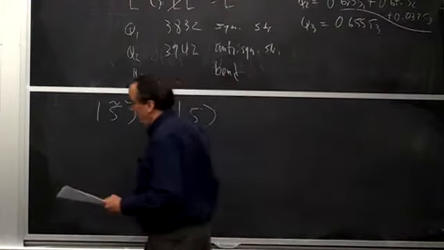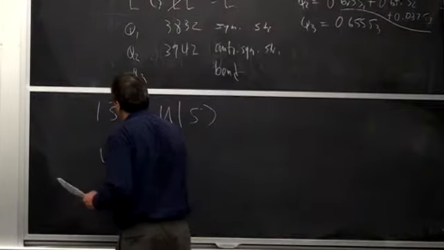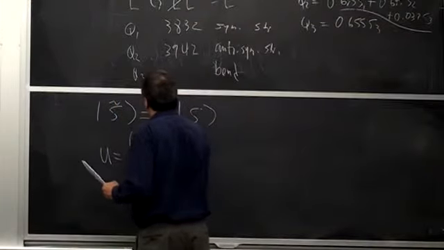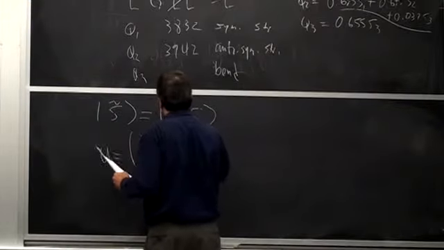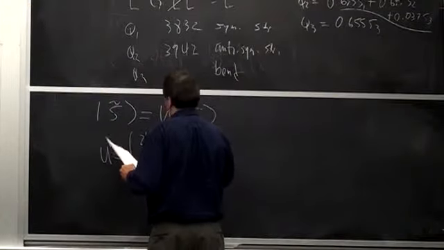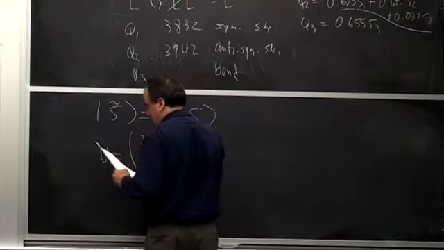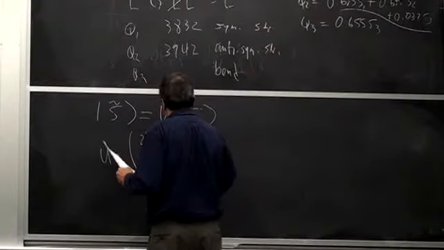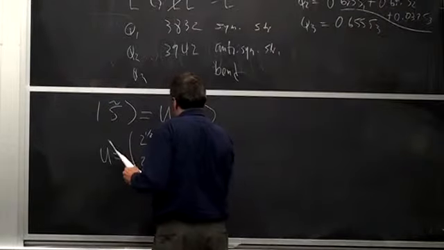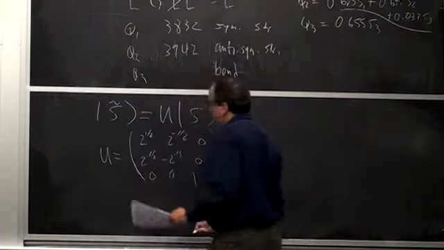In the case of water, this matrix would have the form 1 over square root of 2, 1 over square root of 2, 0, 1 over square root of 2, minus 1 over square root of 2, 0, 0, 0, 1.